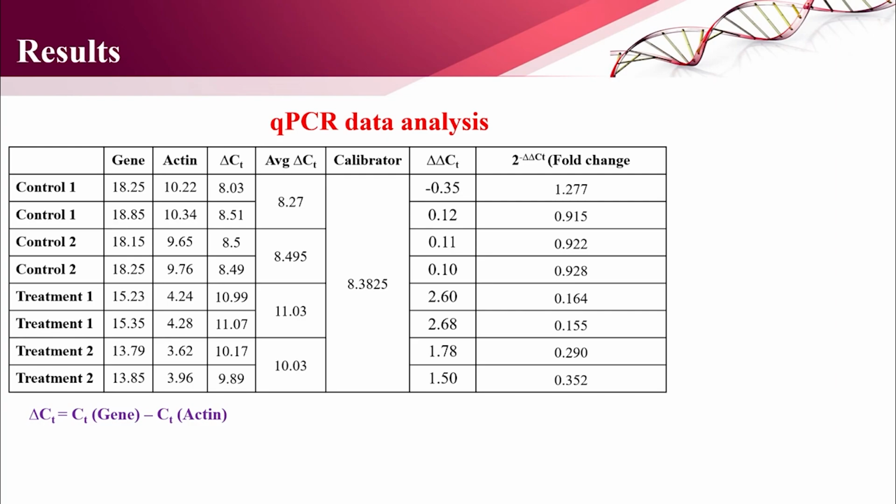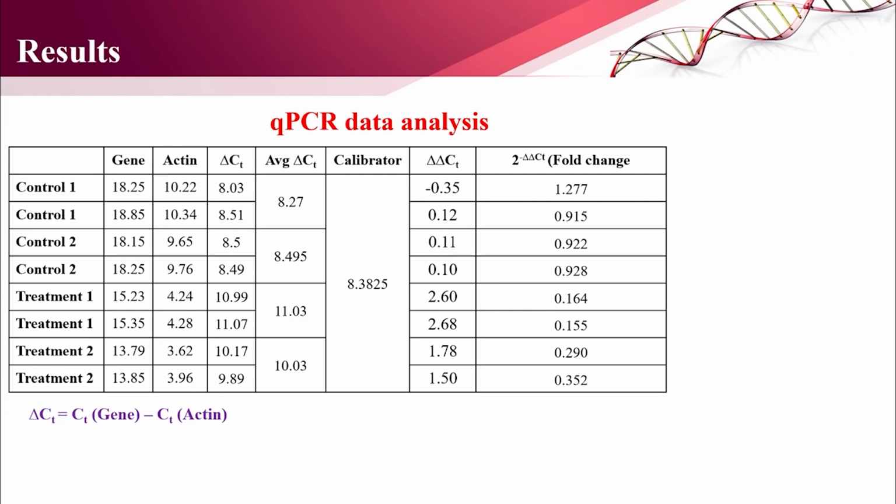We can see the control 1 and control 1 are biologically the same, but these are technical replicates. And control 2 and control 2 are also technical replicates, and similarly treatment 1. So the gene values are presented here.